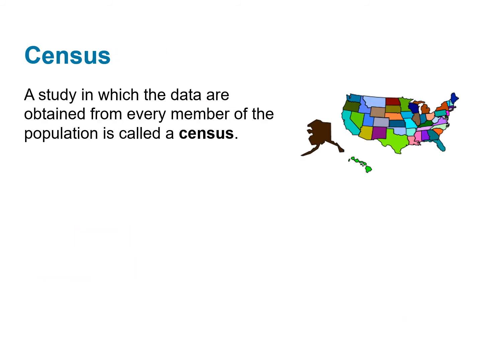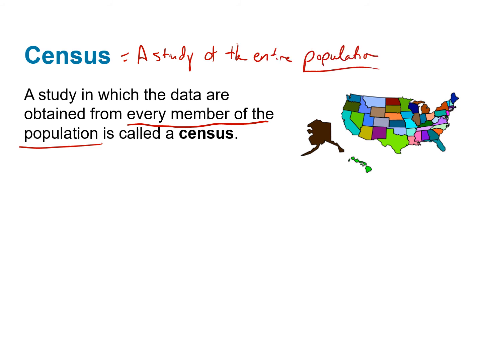I mentioned we normally cannot gather data from the entire population, but every once in a while it is possible. A census is a study where the data is obtained from every single member of the population. In other words, you're not pulling a sample, you're actually going out and gathering the data from the entire population.